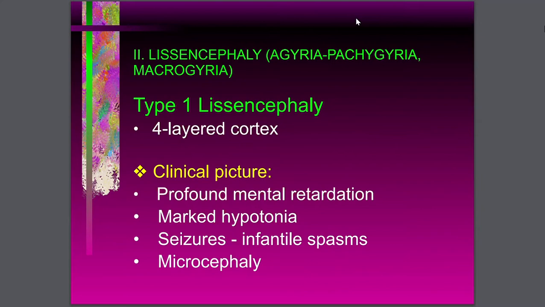There is marked hypotonia, very severe hypotonia or flaccidity. The seizures may be very common, ang infantile spasms, and the patient is usually microcephalic. Kay kagagmay sang gyri niya so that the brain did not develop well. Kay apat na nga cortex ang layer. So the patient may present with seizures. Next slide, please.